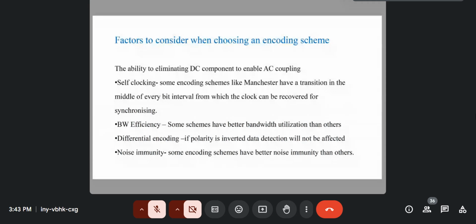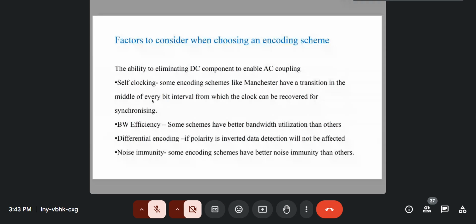So you need good AC coupling, and therefore we need to eliminate DC. We want to eliminate the average amplitude, the average voltage. Yeah, average DC is what we are talking about. So that is a property we require from an encoding scheme.